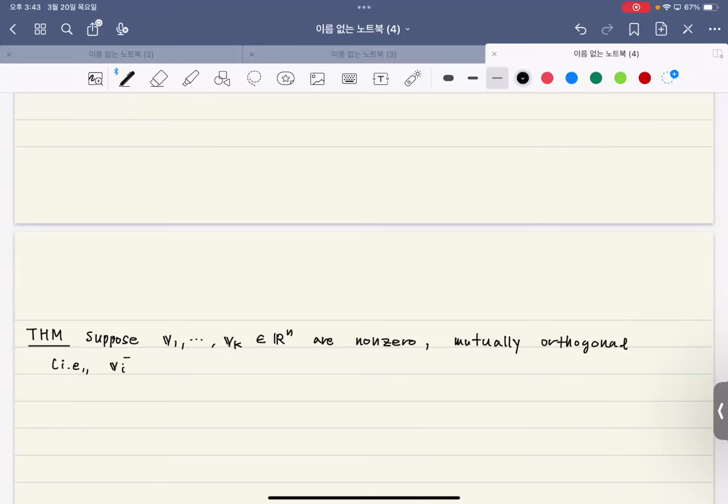This means cj times the length of vj squared equals 0. But we are assuming all vectors are non-zero, so the length of vj squared cannot be 0. Therefore cj must be 0, and this is true for j equals 1, 2, and so on. So these vectors are linearly independent.